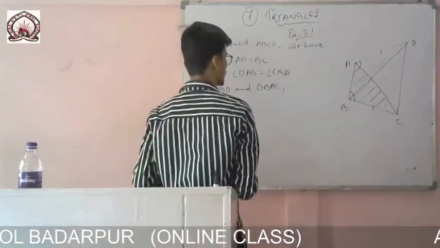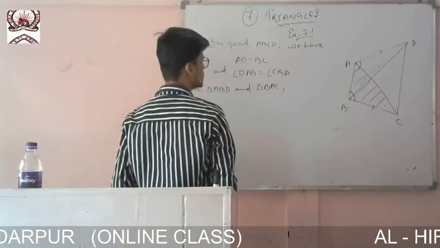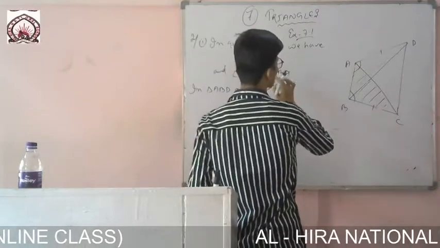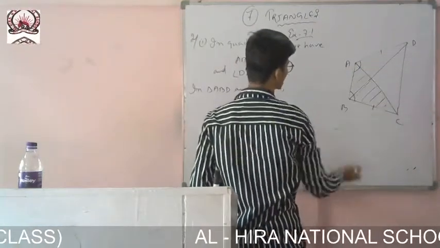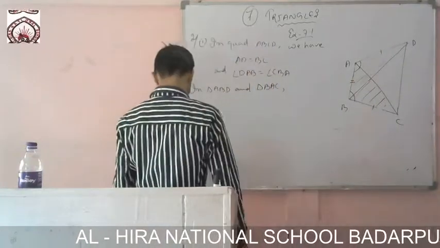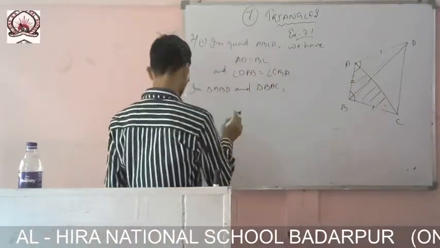In these two triangles, we have two angles equal, and the sides AD and BC are also given equal, and AB is the common side. So I can write that these two triangles are congruent.